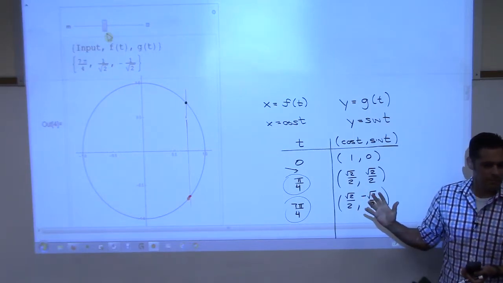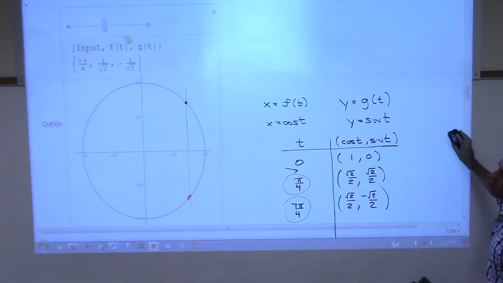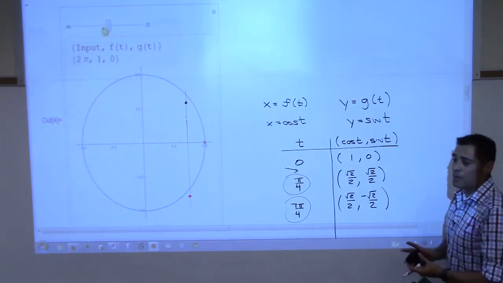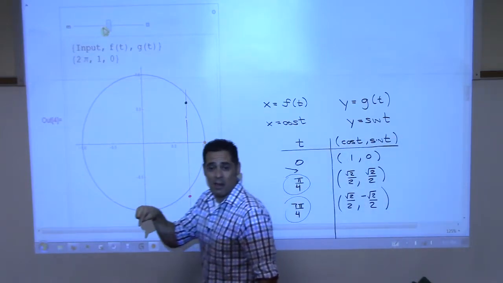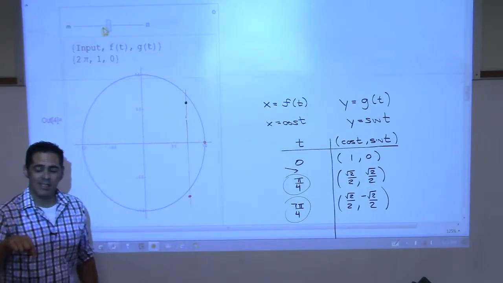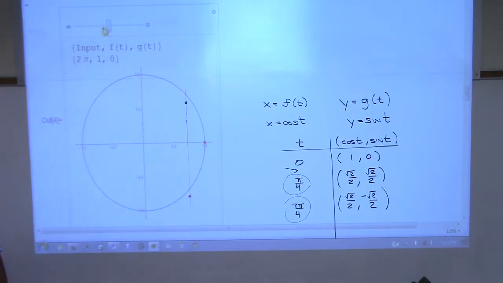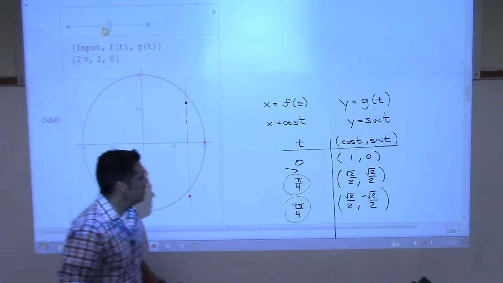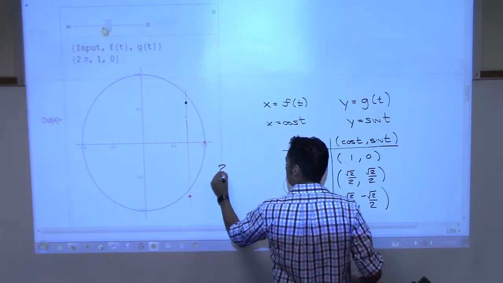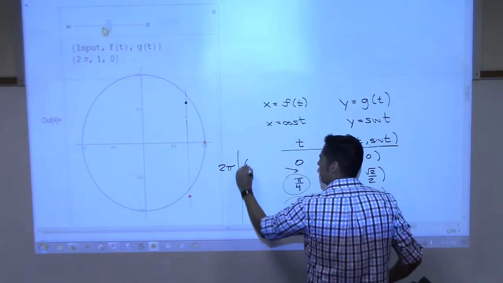Is that clear? Now, what happens when I actually get back all the way around and I go to 2 pi? Now I'm going to draw a dot on top of another dot that I've already drawn, haven't I? Is that going to mean it's going to break down and not be a function now? No, it's still going to work, because when I get to 2 pi, let me put 2 pi here. Here's my table.